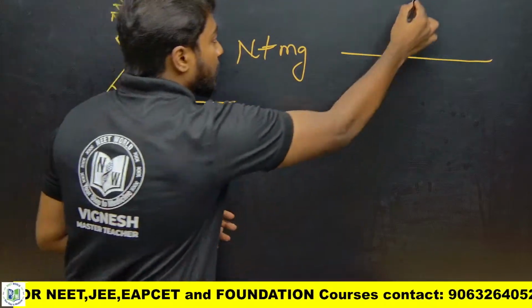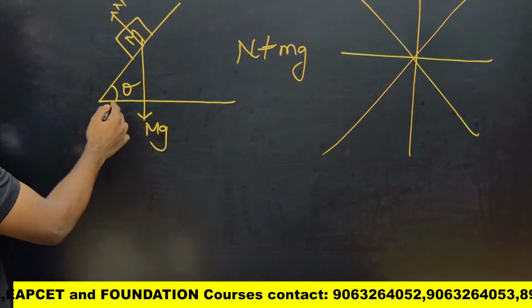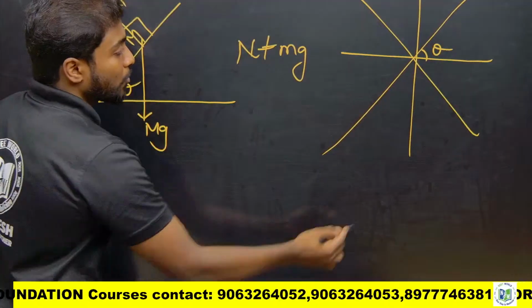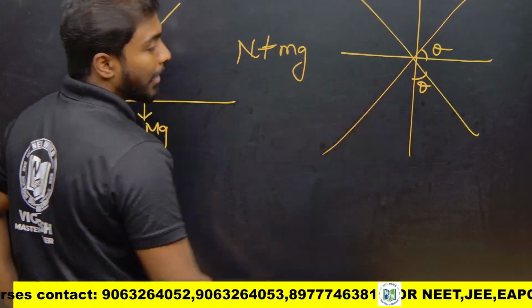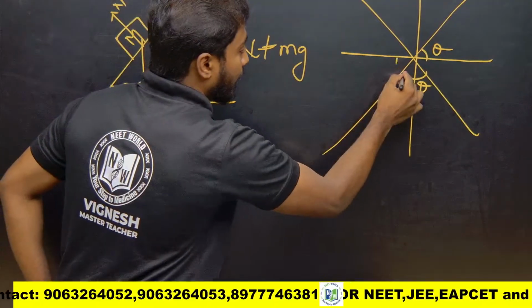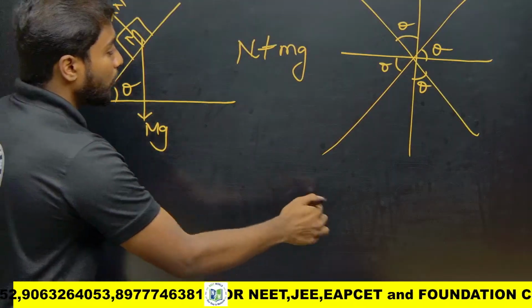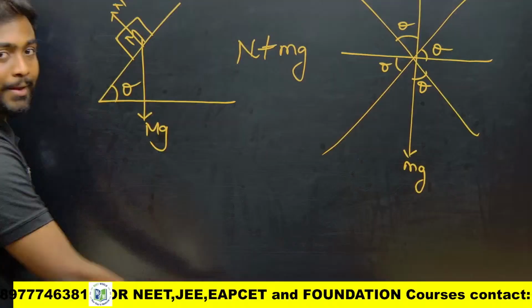Okay, see, draw lines like this. Whatever angle is mentioned, exactly the same angle you mention here. So give 1, and again mention in the alternate angles, theta, theta, again theta here, theta here. Now if you see here, this is my mg.